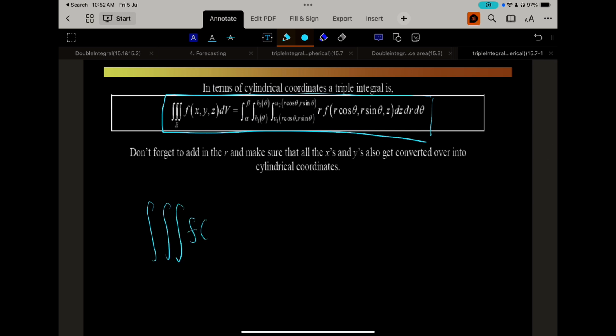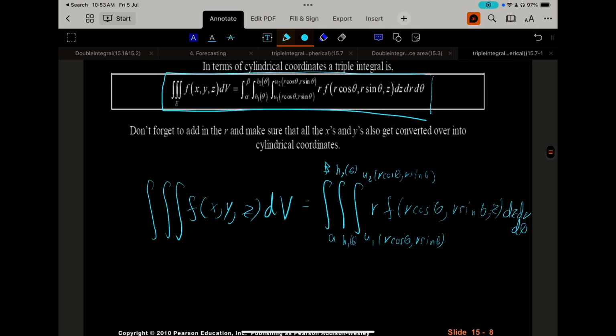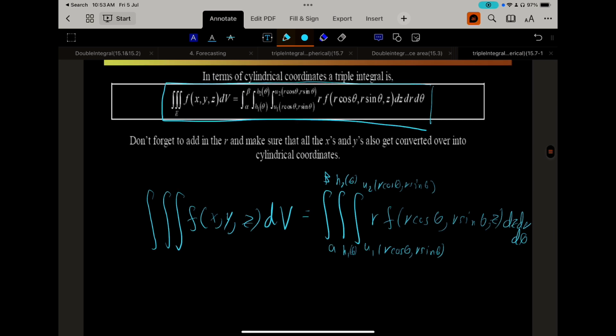The triple integral of f of x, y, z dV equals the triple integral from alpha to beta, h1 of theta to h2 of theta, a function of theta, and then we have u1 of r cosine theta, r sine theta, a function of r and theta, to u2 of r cosine theta and r sine theta, of r f of r cosine theta, r sine theta, z dz dr d theta. And that's basically the triple integral in 3D in cylindrical coordinates.